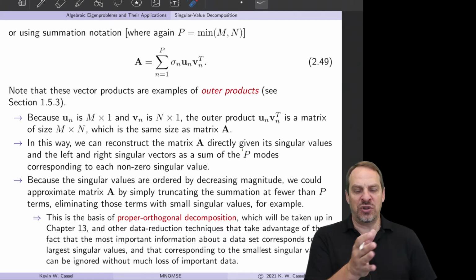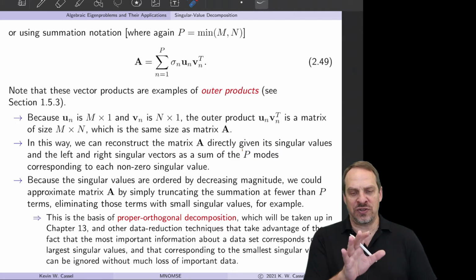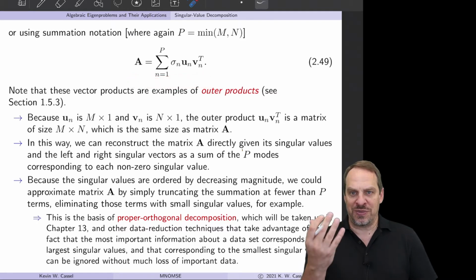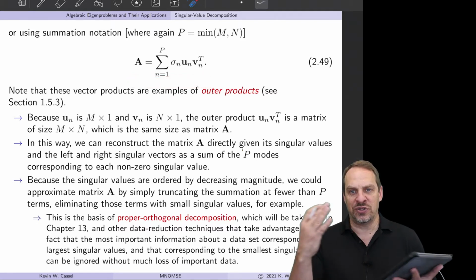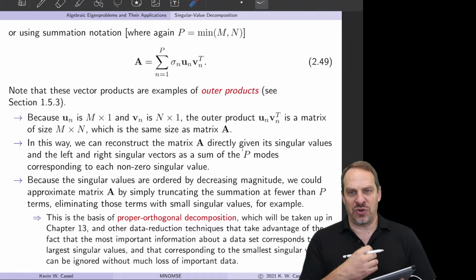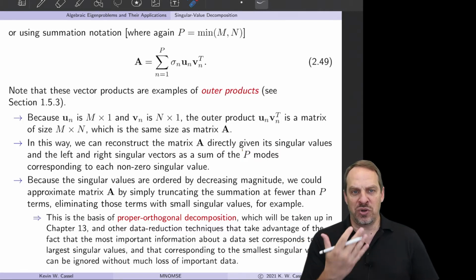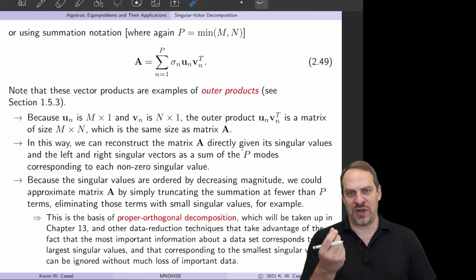There's no need to include those terms in that vector sum that we see up here. All right, so that gives us some ideas. What if we had a large data set and we do the SVD, and it turns out that most of the singular values are actually quite small, very close to 0? Remember, they're never negative, they're always 0 or positive. And what if many of them are very, very small?